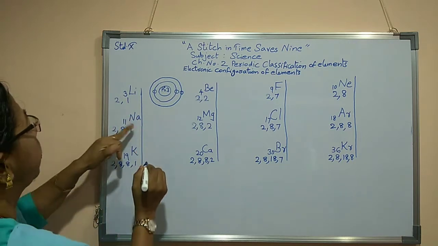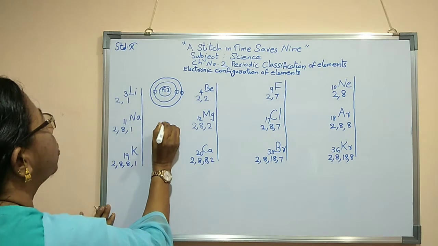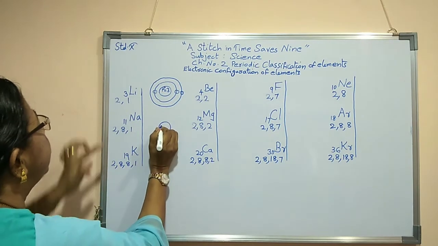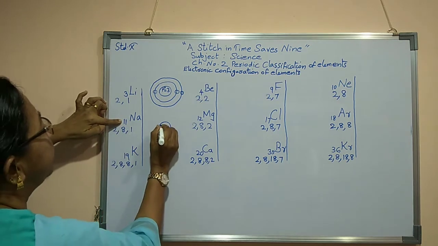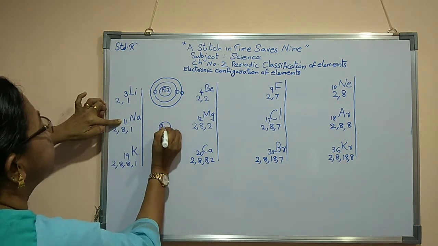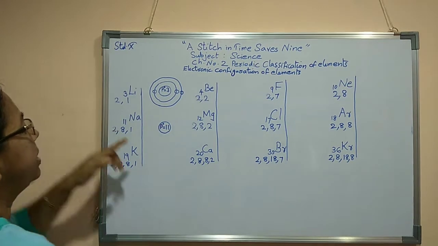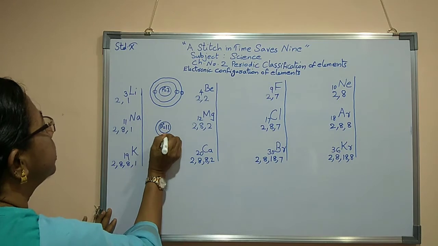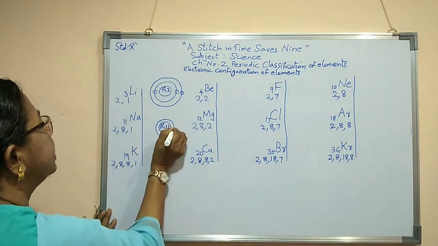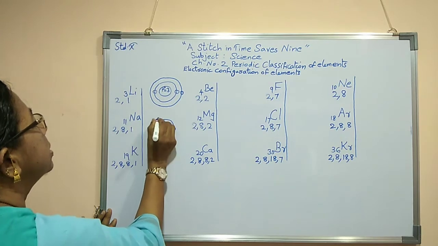Now I am showing you sodium. Sodium, its nucleus, its atomic number is 11. That means the number of protons is again 11. They are positively charged particles. Now around it, the first orbit has 2 electrons.